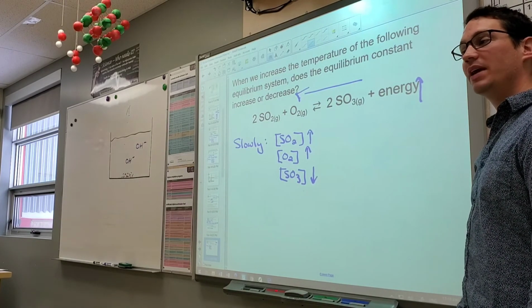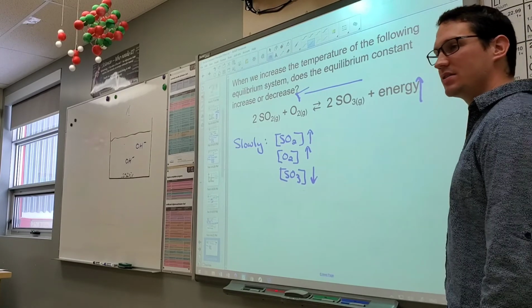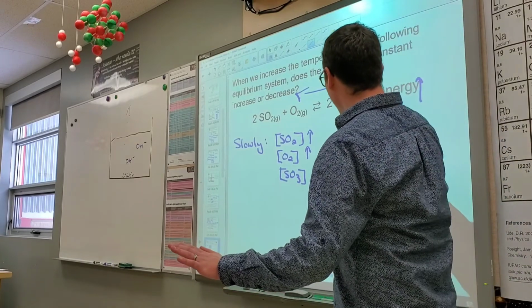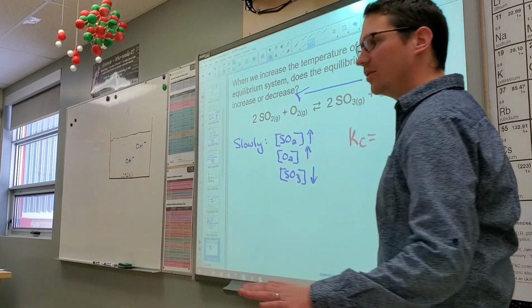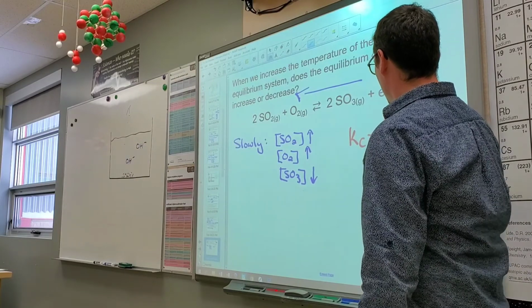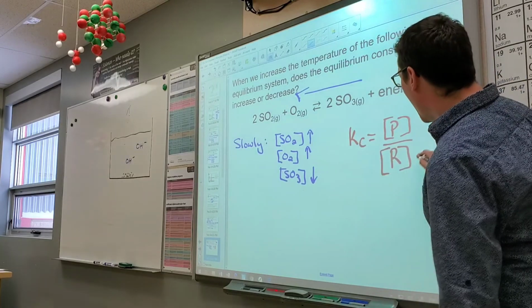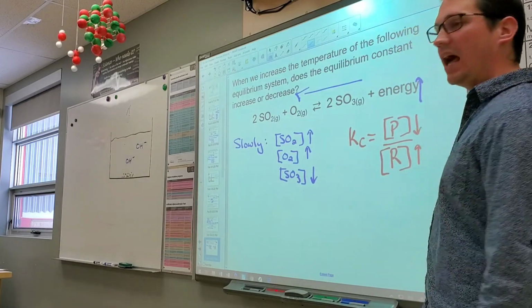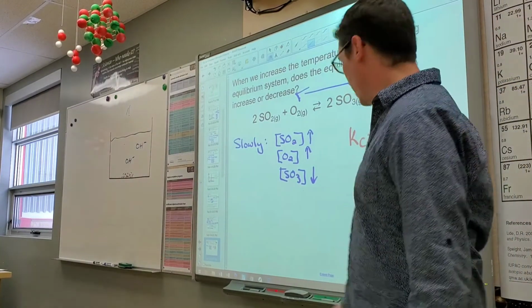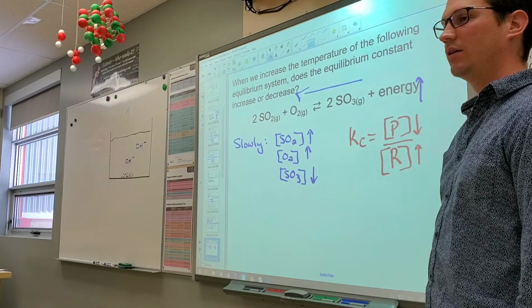What happened to our reactants concentration? They both increased. In general, what is Kc equal to? Products over reactants. And if our reactants went up and our products went down, what happened to our Kc? Did our Kc value go up or go down? Down.